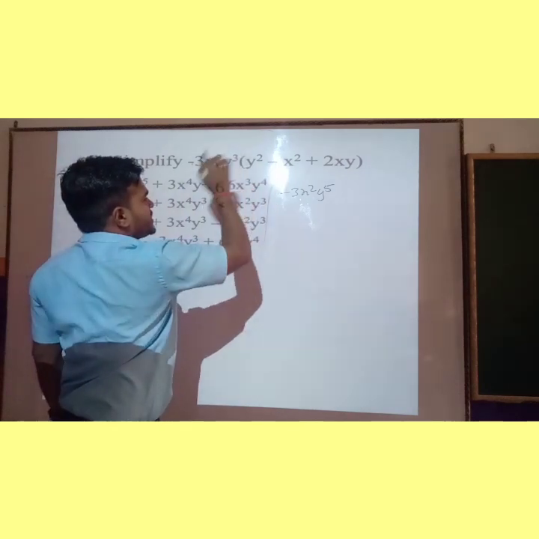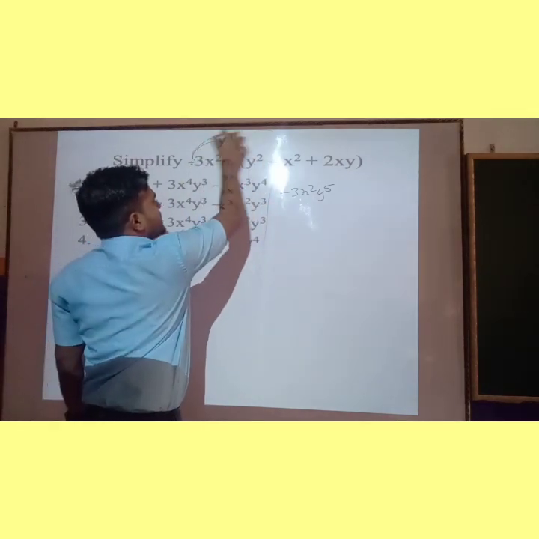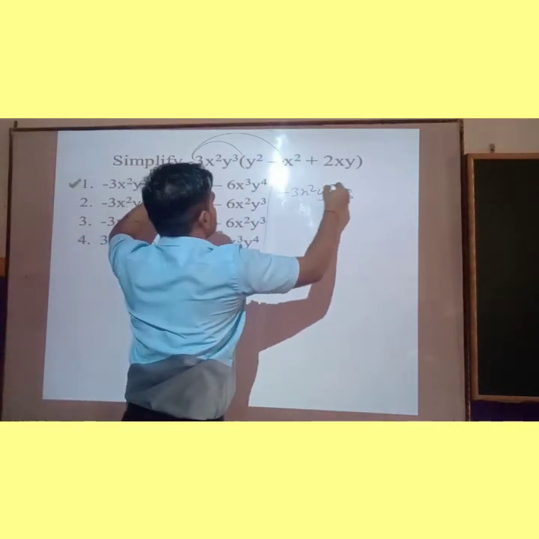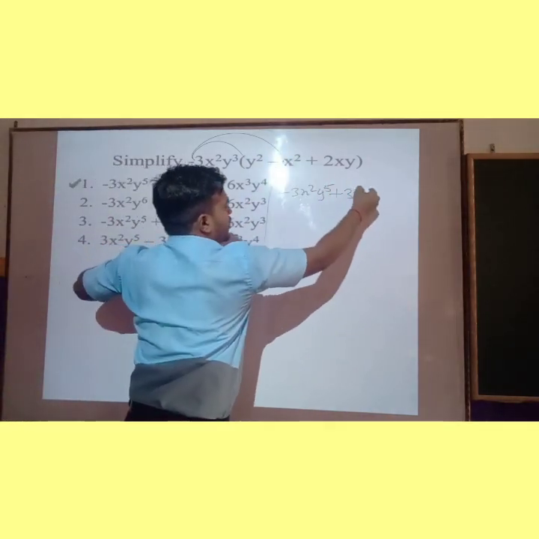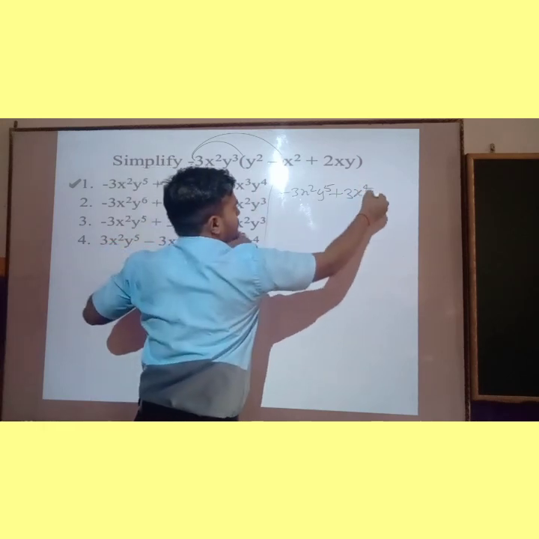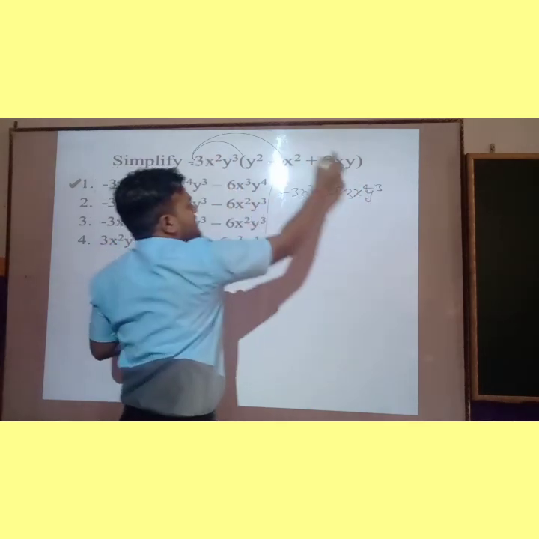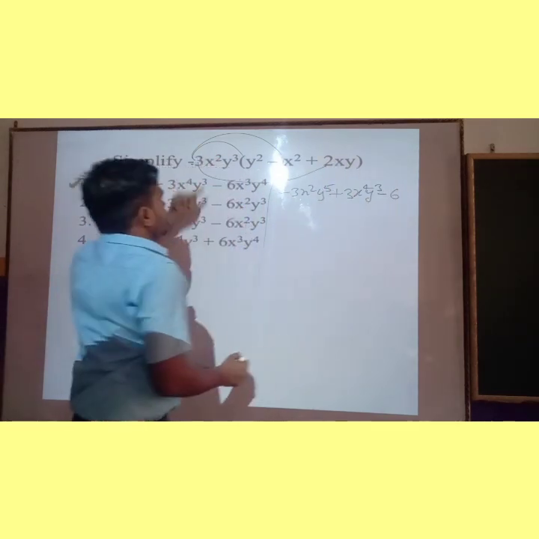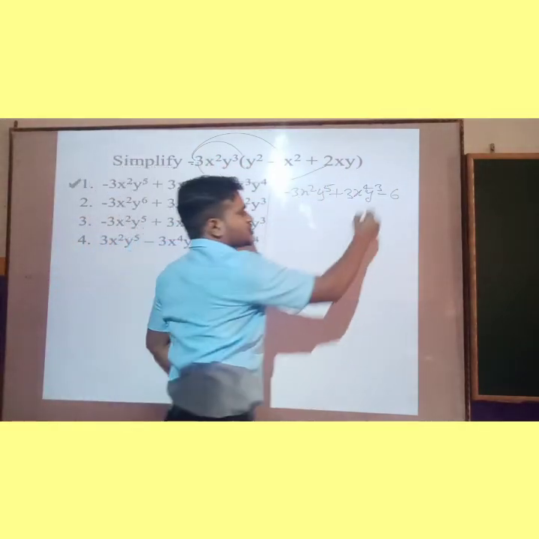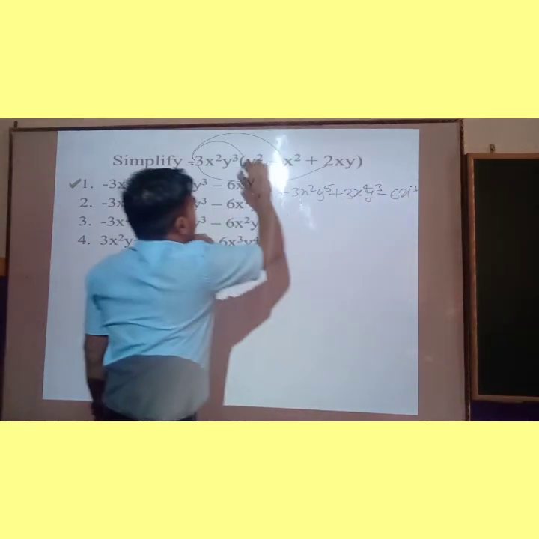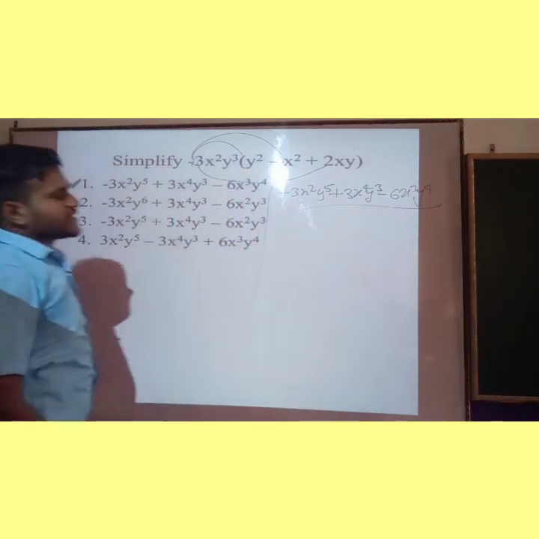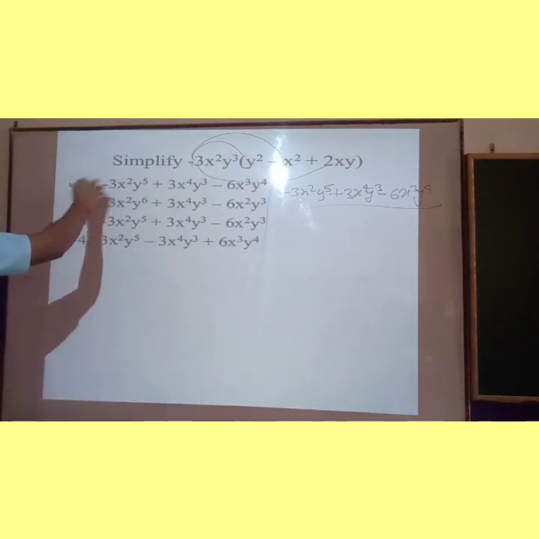Minus is there, and here is also minus, plus 3 1 the 3x square, and x square, x power 4 and y cube. Again minus plus minus, 3 2 ja 6, x square and x, that is x cube, and y cube, y, that is y power 4. So which option is correct there? First one is the correct option.